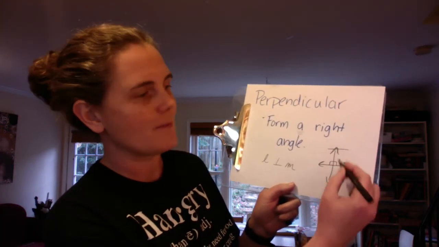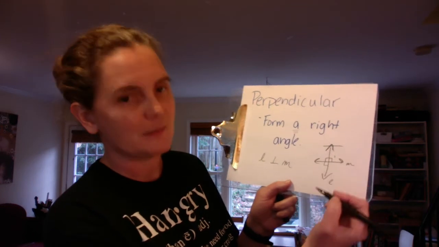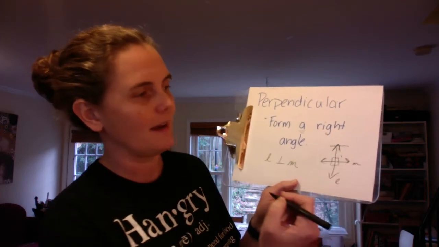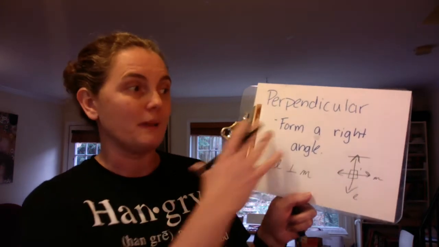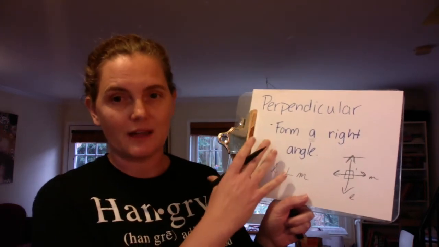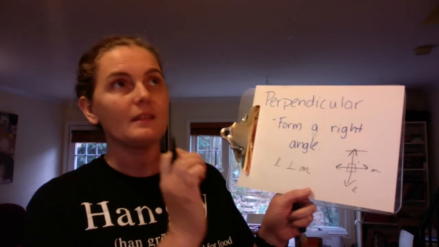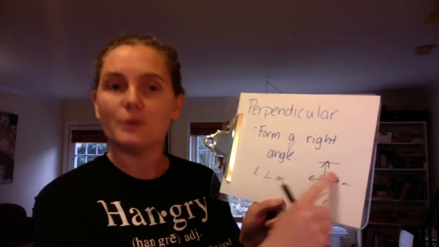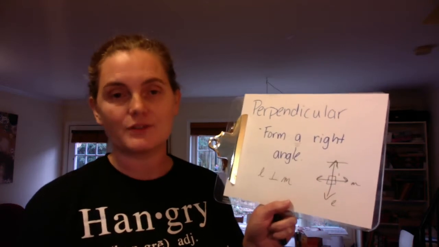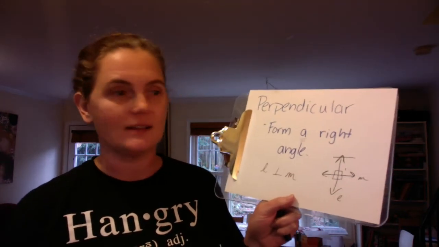And then you can do the same thing all the way around. That one has to be a right angle, and that one has to be a right angle. So you wind up with the theorem that because perpendicular lines form a right angle, if you have 2 perpendicular lines, it actually forms 4 right angles. So that's the first theorem that you learn about perpendicular lines.